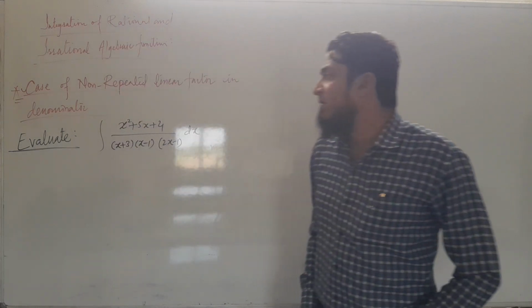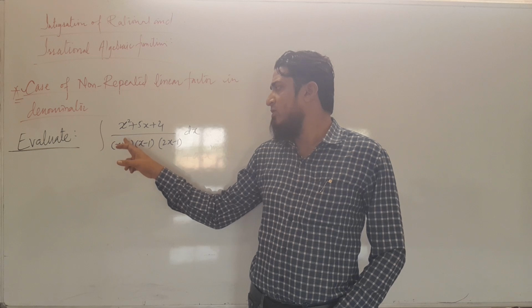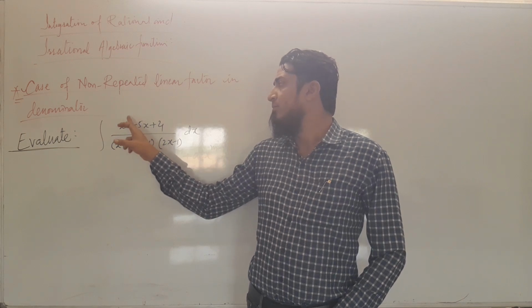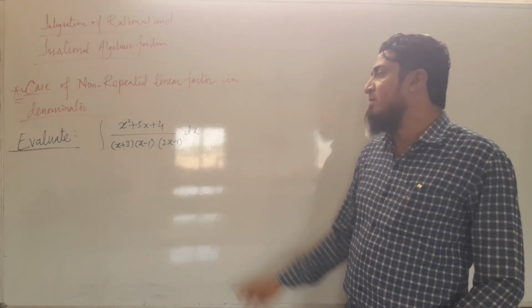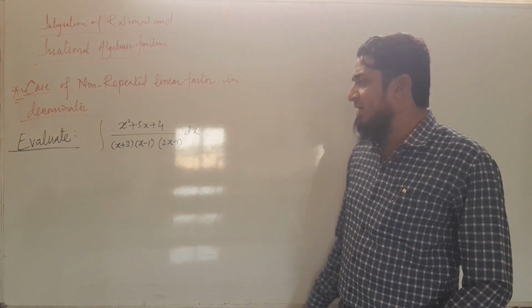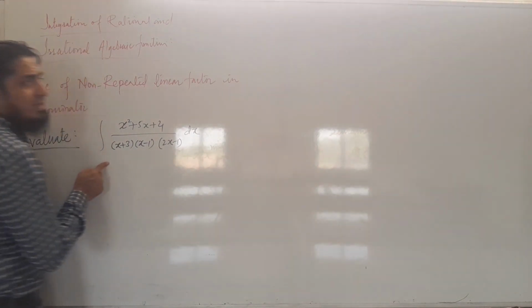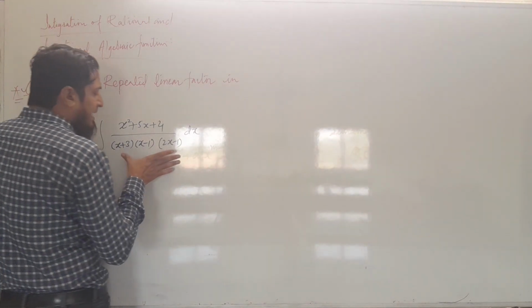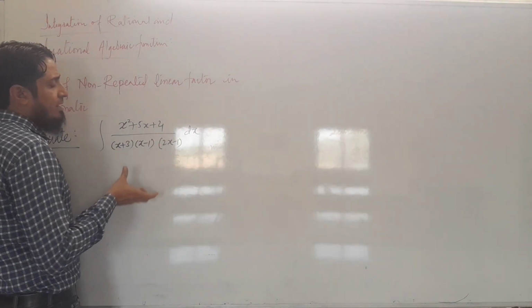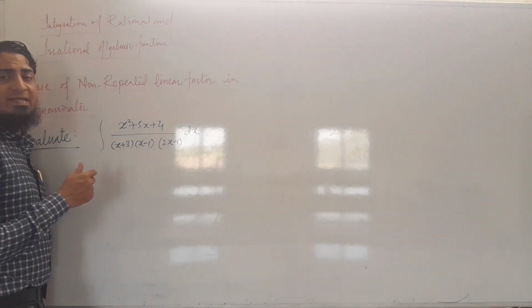First, the degree of the numerator is 2, because the maximum power here is 2, and the degree of the denominator is 3. Why 3? Because we have x plus 3, x minus 1, 2x minus 1 in multiplication, and if we multiply these and open the brackets, we will get a polynomial of degree 3.